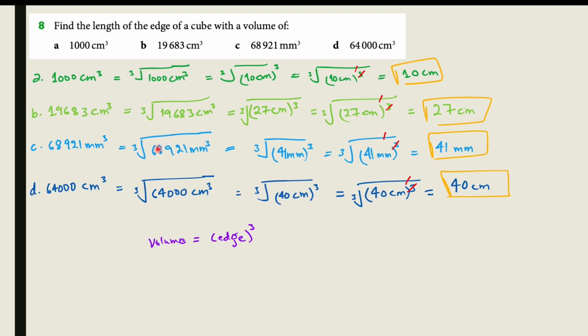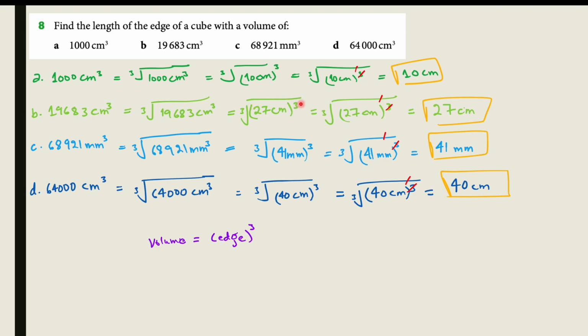Next we have 19,683 centimeter cube. So again we take the cube root, it would be equal to the cube root of 19,683 centimeter cube. We know that 27 multiplied by 27 multiplied by 27 is equal to 19,683, or this 19,683 can be written as 27 centimeter whole cube, so under the root.